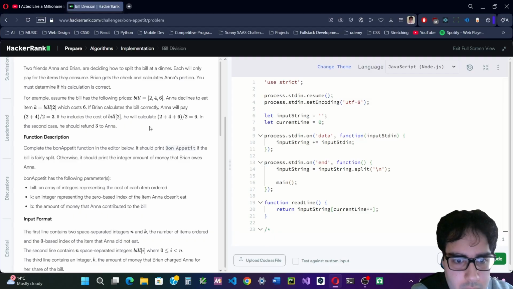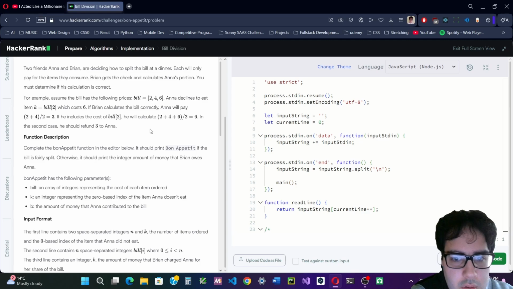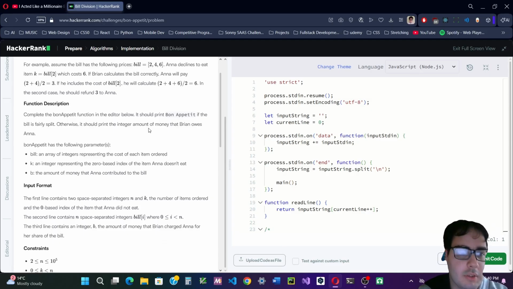If he includes the cost of bill 2, he'll calculate 2 plus 4 plus 6 divided by 2 equals 6. In the second case, you should return 3. Complete the bonAppetit function. It should print Bon Appetit if the bill is fairly split.